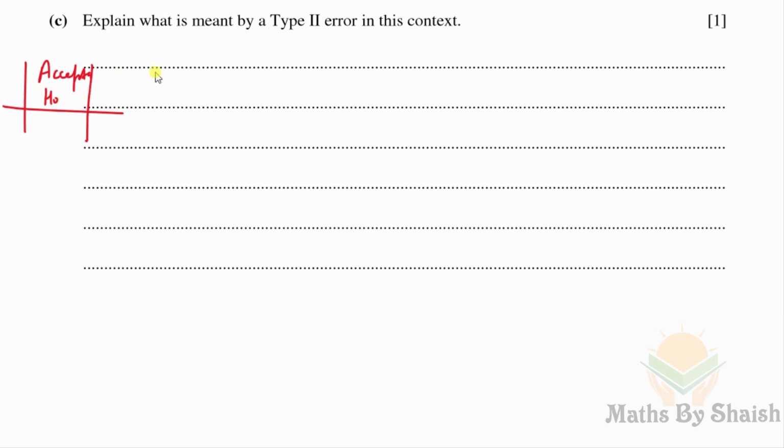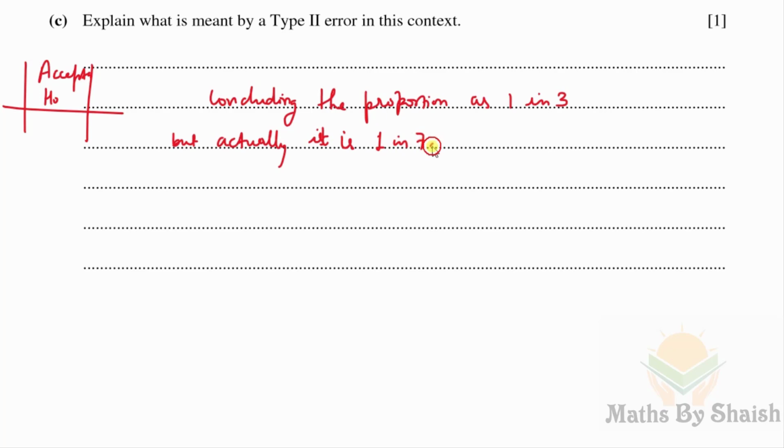So it's like we are concluding the proportion as 1 by 3, or we can write 1 in 3, but actually it is 1 in 7. That is the type 2 error, because we have taken 1 in 7. So it's like concluding the proportion as 1 in 3, but actually it is 1 in 7. That's the type 2 error.